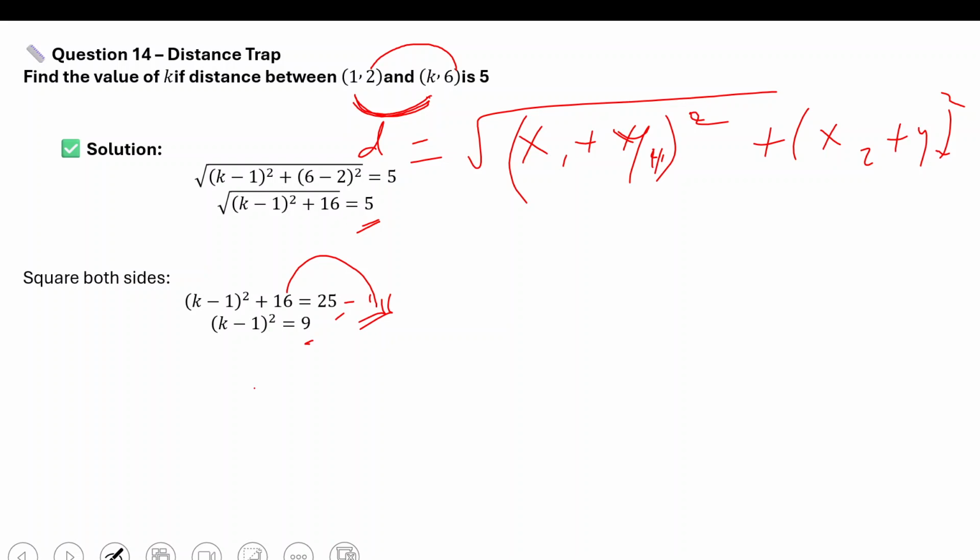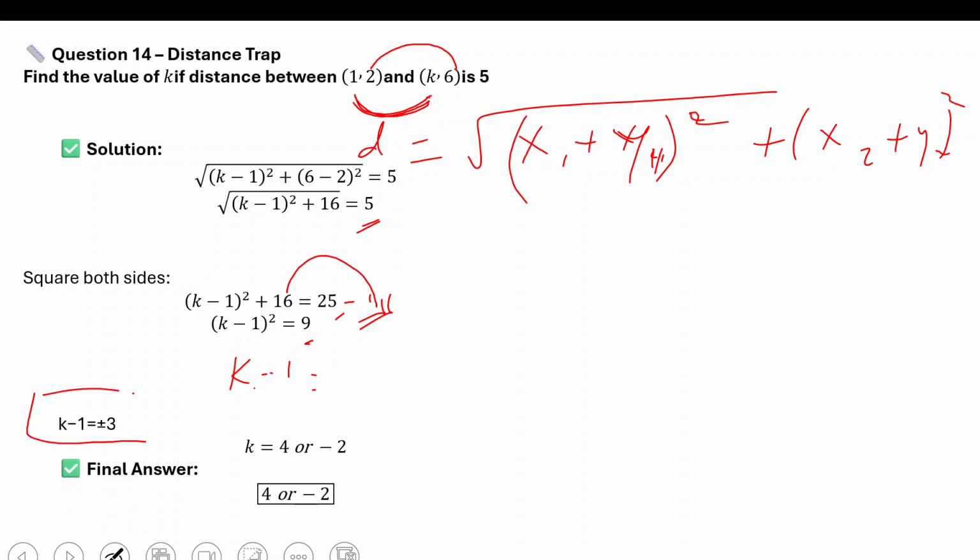By the time I find the square root of both sides, I will have k minus 1 equal to plus or minus 3. So either k is 4 or k is minus 2, depending on the sign you are using. If you are using positive 3, when minus 1 crosses over to the other side, 3 plus 1 is 4.